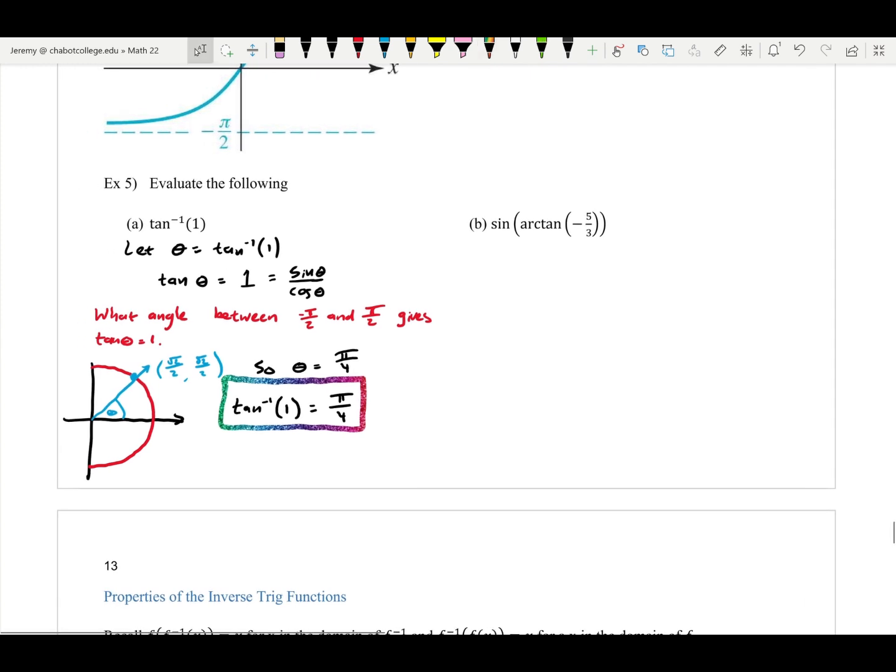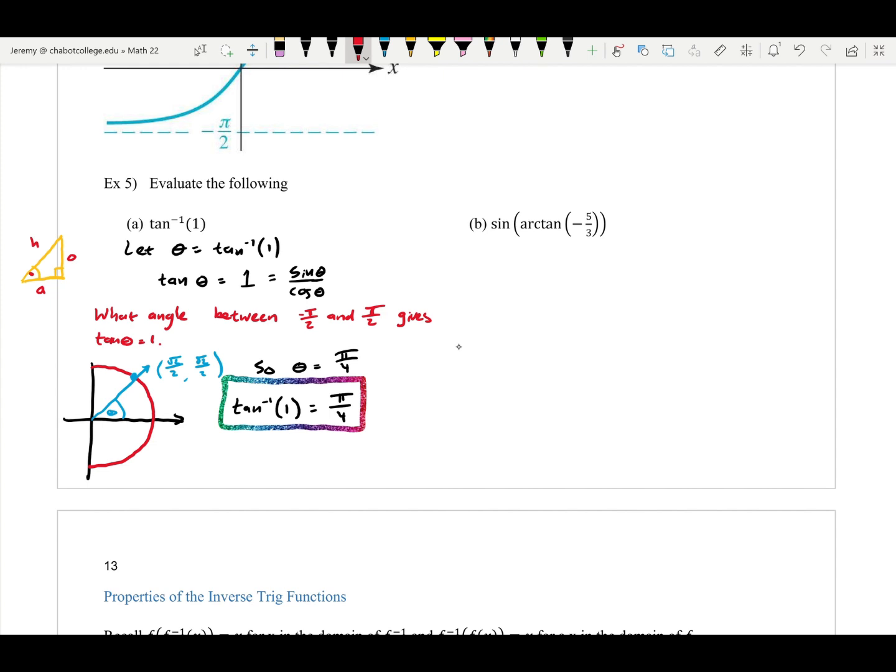Okay, you also could have looked at this and thought about right triangles. Some people prefer thinking about right triangles, maybe especially for tangent. For tangent, remember, if that's our angle theta, here's opposite, here's adjacent, here's hypotenuse. Remember, tangent is opposite over adjacent, right? So you also could have thought, for what angle theta do we have opposite over adjacent equal to 1?